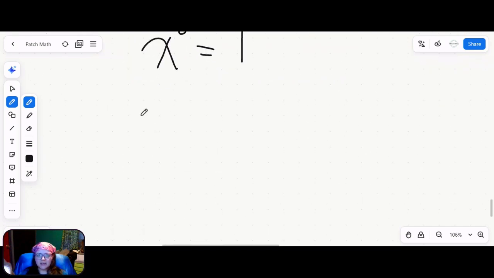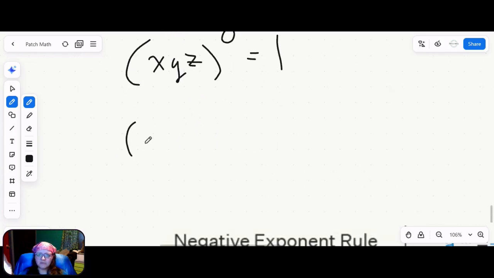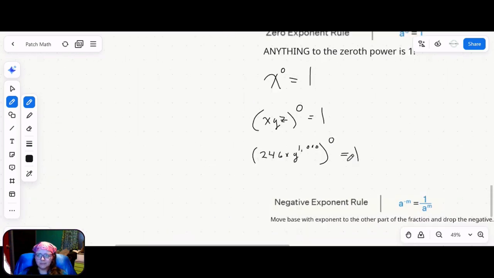As long as x, y, and z are in parentheses, all of that raised to the 0th power is 1. If we have 246 times x times y to the 1000th power, as long as every single bit of that is in parentheses and raised to the 0th power, it will simplify down to 1.